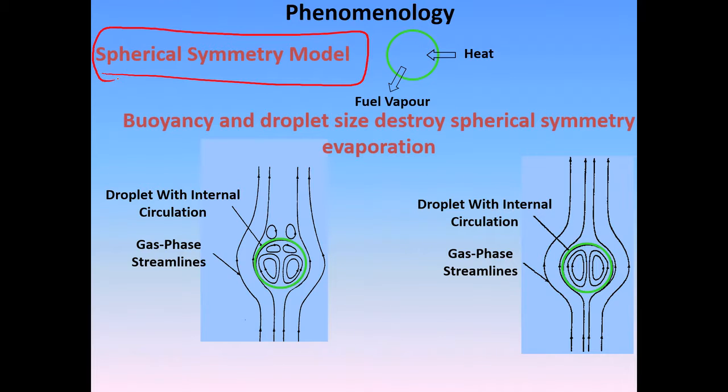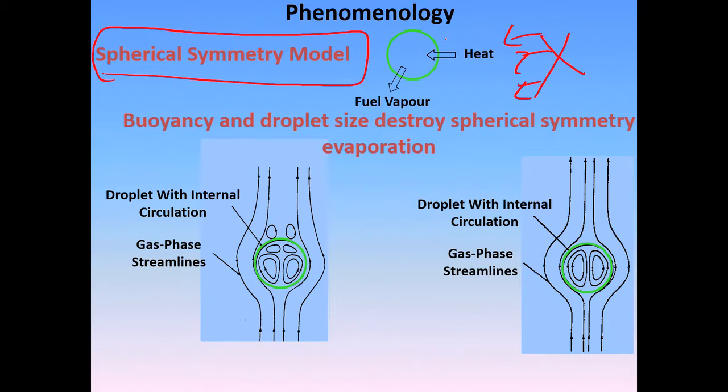It is a model of a droplet which is vaporizing into a quiescent ambient where there is no flow. So, the droplet is nice and easy sitting over there, there is no flow around the droplet, and it is isotropically vaporizing inside a quiescent environment.